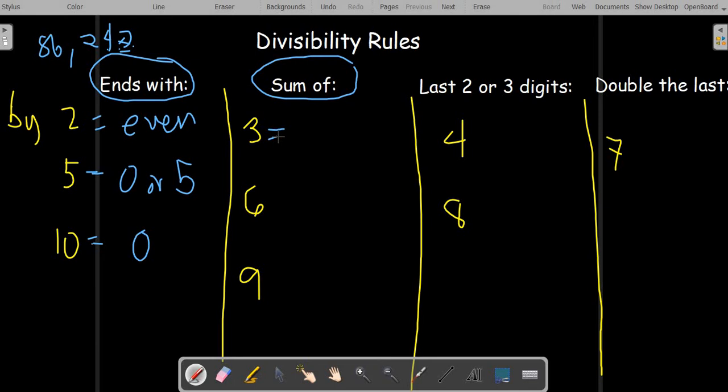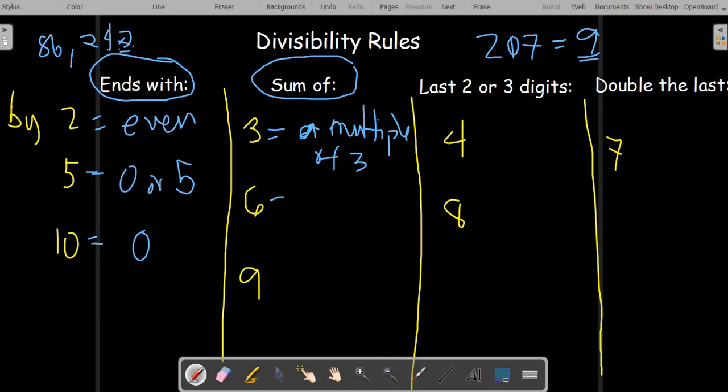Like 207. If you add 2 plus 0 plus 7, you will get 9, and 9 is the sum which is divisible by 3.